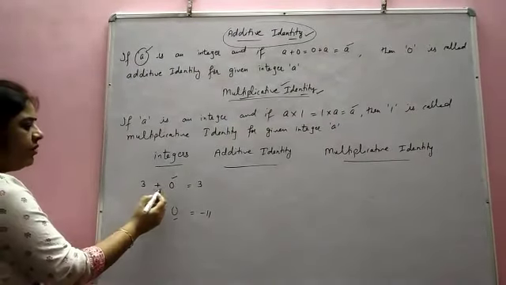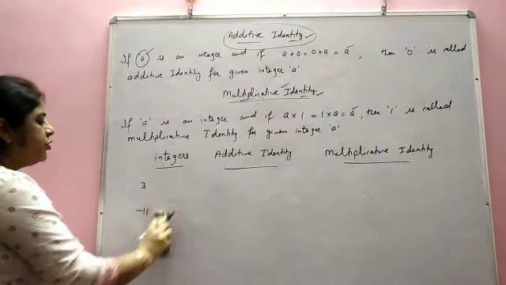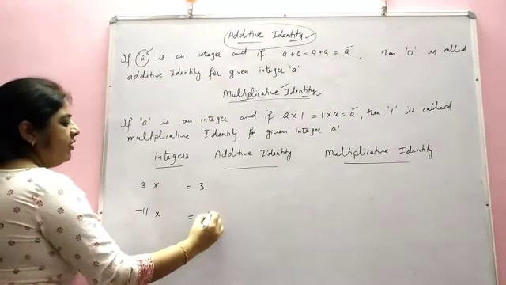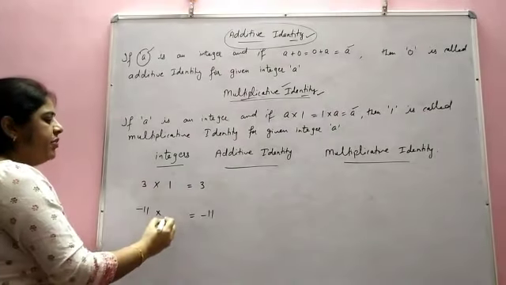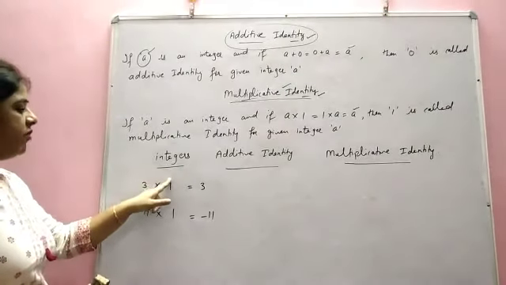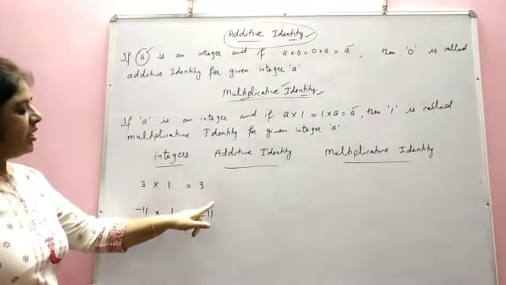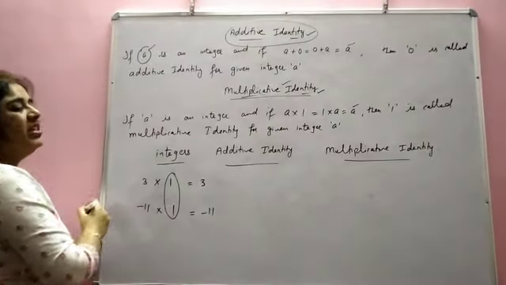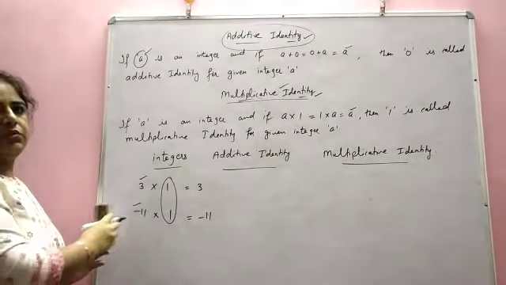As everybody knows, when 1 is multiplied to any number, it will not affect its value. So 3 multiplied by 1 gives the answer 3 only. Minus 11 multiplied with 1 gives the answer minus 11 only. So 1 is called the multiplicative identity, whether the integer is negative or positive.